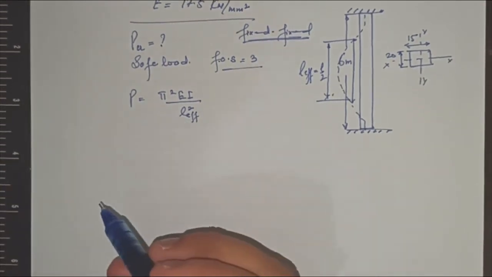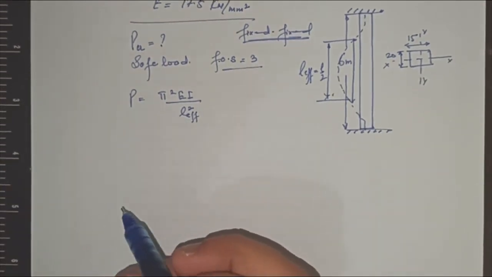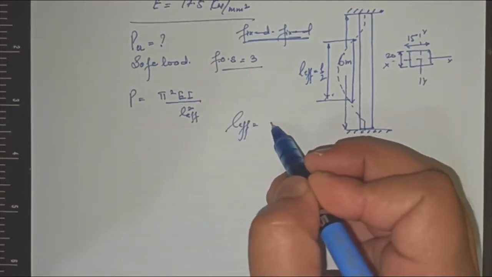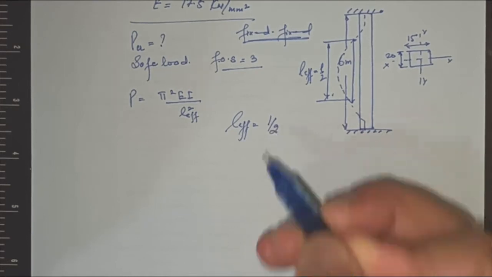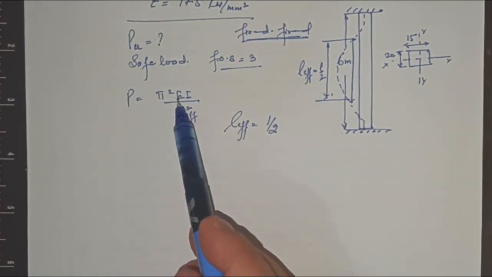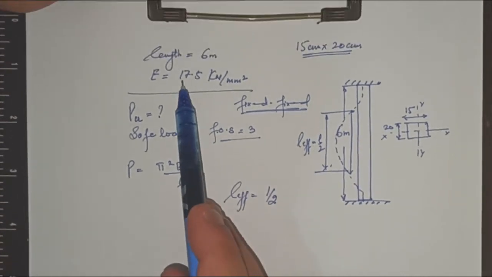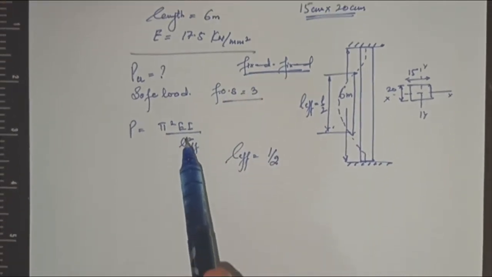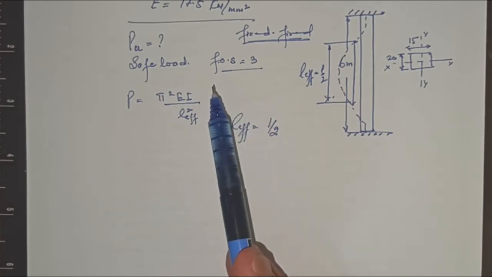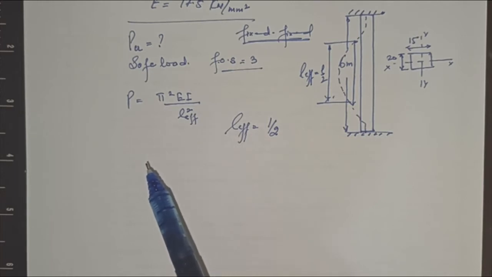You will be multiplying this with a factor of 1 by 2. So your L effective is equal to 1 by 2 of L. You can put it here. Further, pi you know, E you know. E is 17.5. You can convert them and put it here. This is known. Now what is I? It's very important here.